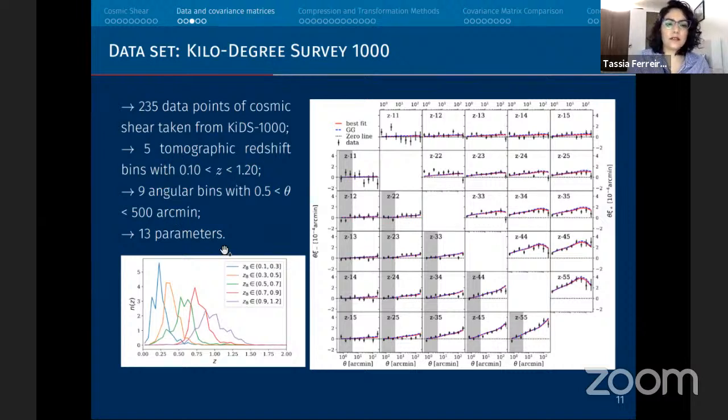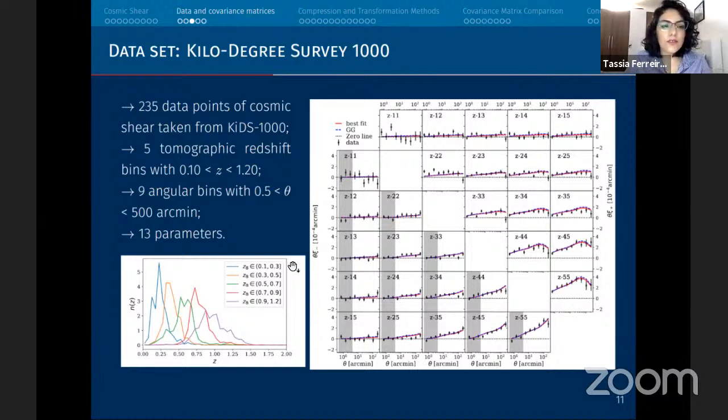The angular and tomographic bins are divided differently, but again, it's very similar. The 5 tomographic redshift bins span from 0.1 to 1.2, and we have 9 angular bins going from 0.5 to 200 arc minutes. The scale cuts here are only done on Xi minus, so we don't have any on Xi plus.